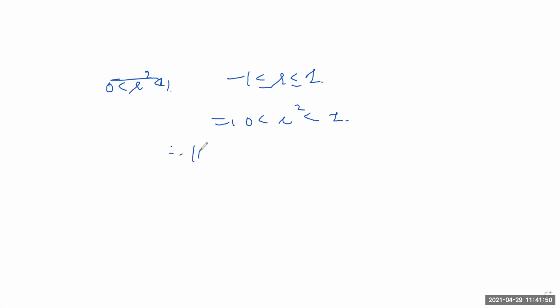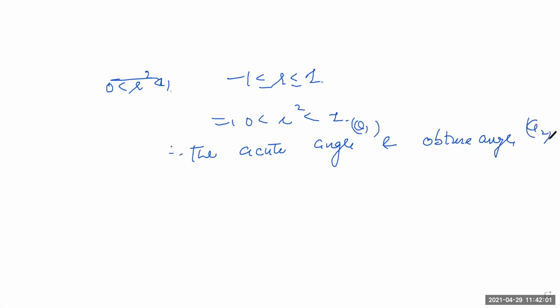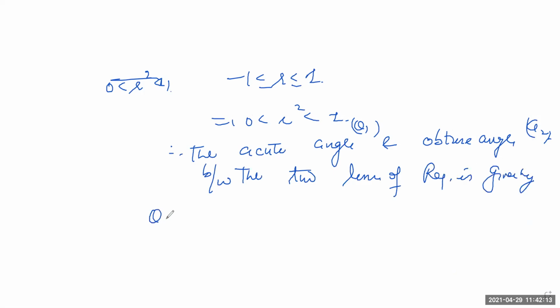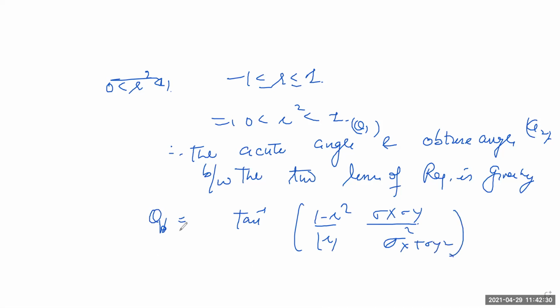So the acute angle and obtuse angle, let it be theta 1 and theta 2, between the two lines of regression is given by theta 1, आपने अभी लिखा थीटा, मैं सीधा ही मॉड लगा देती हूँ. थीटा 1 हमने फाइंड आउट किया था अभी. Tangent theta 1 is 1 minus r square upon mod of r, sigma x sigma y upon sigma x square plus sigma y square. And this is the acute angle.